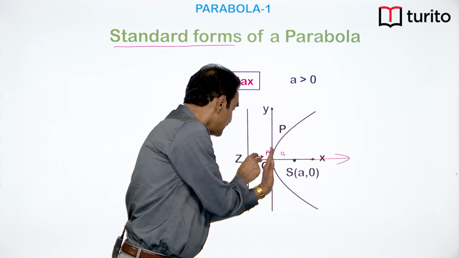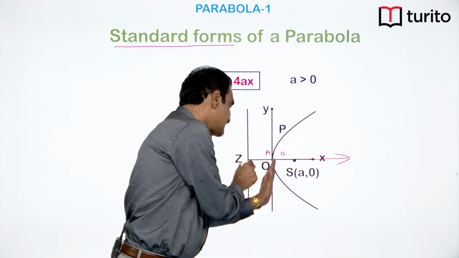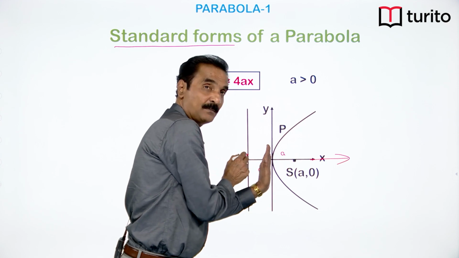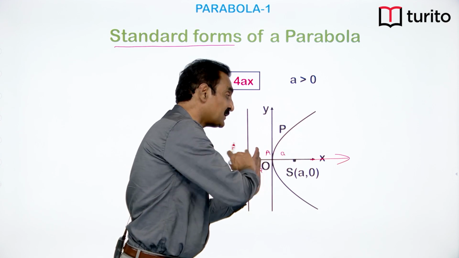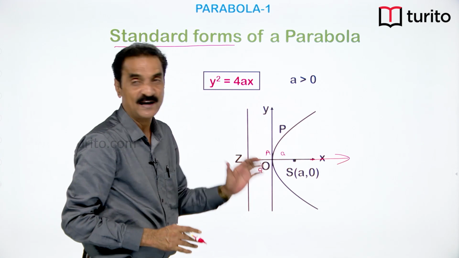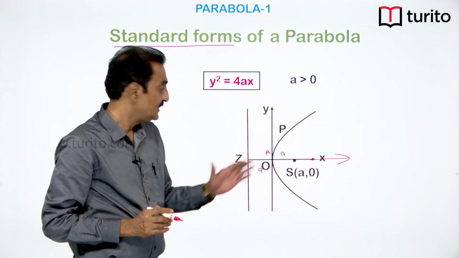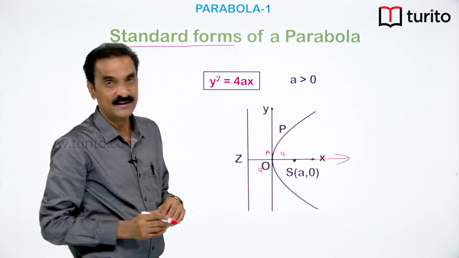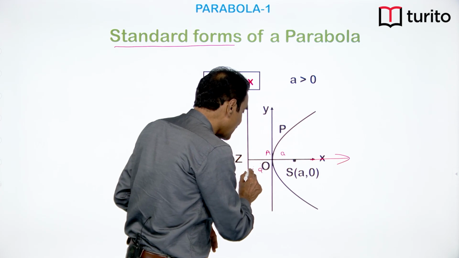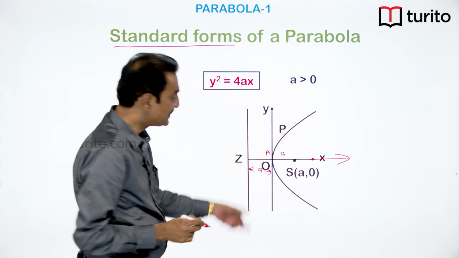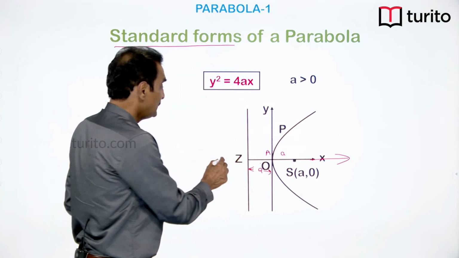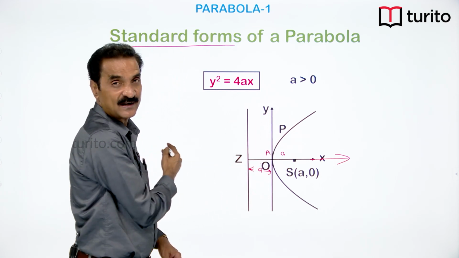So, distance of directrix will be the same, small a, but directrix will be perpendicular to the axis, meaning parallel to the y axis. So, directrix will be parallel to the y axis and this distance is a. So, what is the equation of this directrix? It is on the left side of the y axis, no?